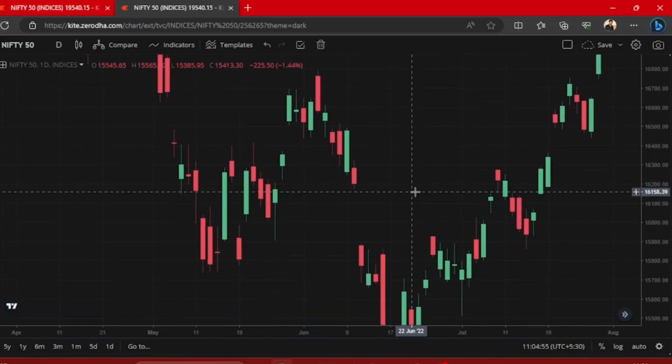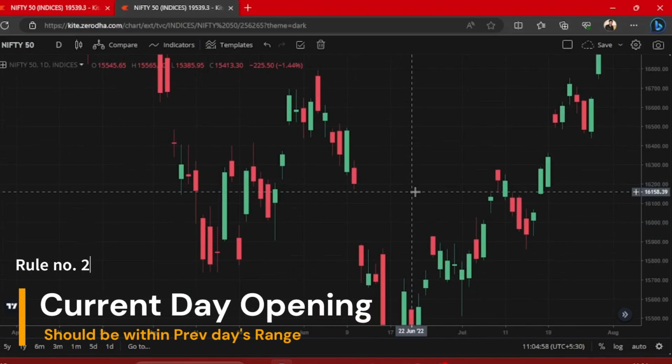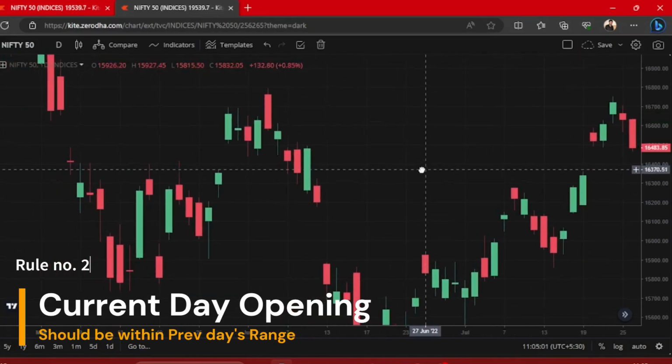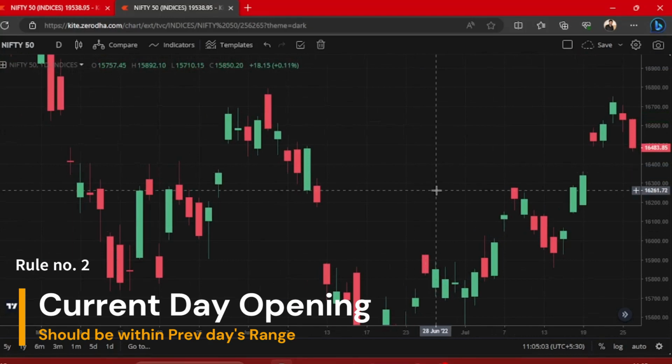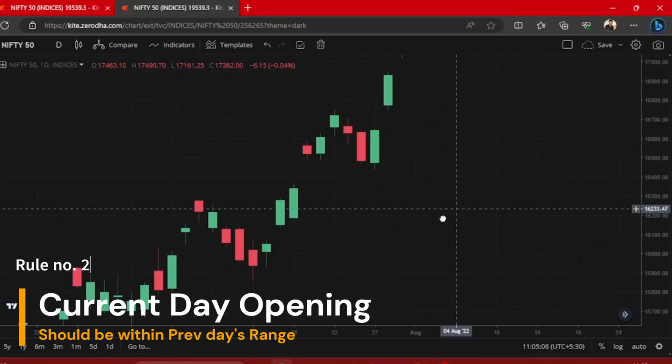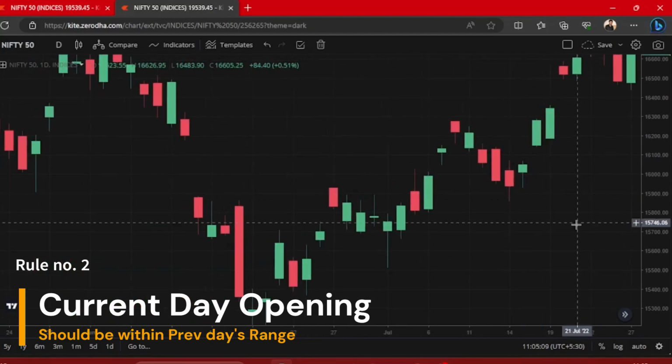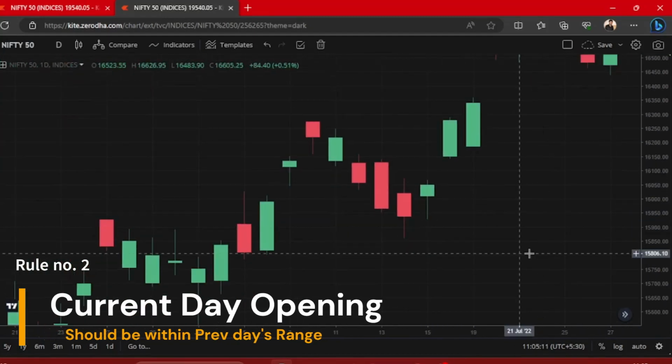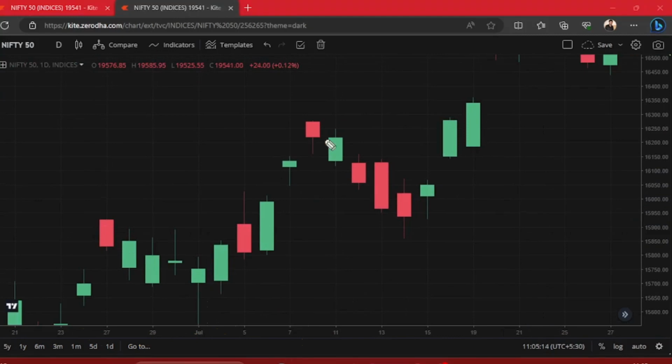Now, rule number 2, the opening of the current day should be within the range of the previous day. So for example, if we are planning to trade on this particular day, even though the trend is kind of bullish here, this particular candle is bearish, and on the day we are planning to trade, the market has opened within the range.